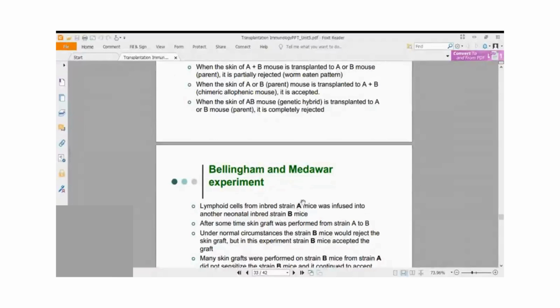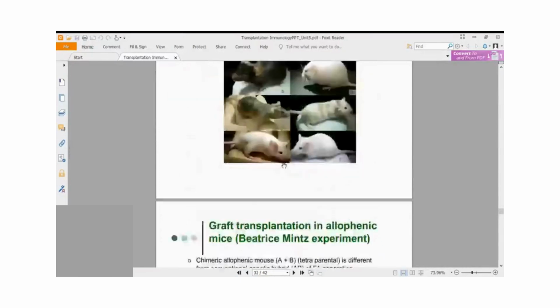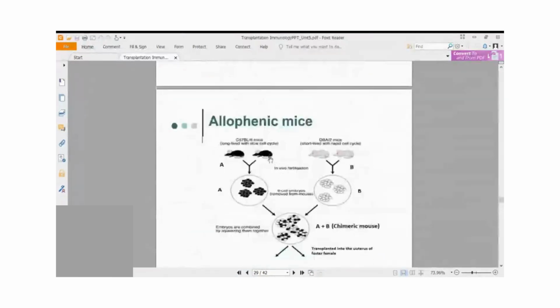the lymphoid cells of A mice, that is infusion. Transfer means infusion. So A mice, let us say A is black. After inbreeding, they transferred the antigen of A mice into the neonates. Neonates means newly born pups of the inbred B mice, that is the B strain.